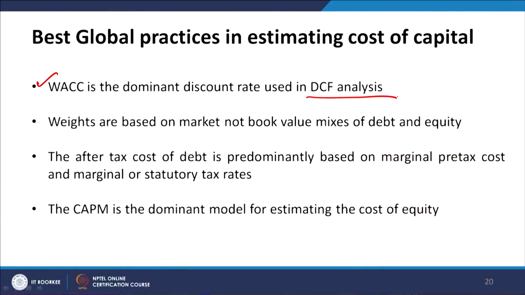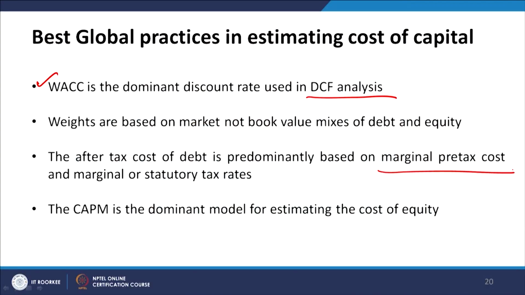Third important point is that the after tax cost of debt is predominantly based on the marginal pre-tax cost and marginal or statutory tax rates. First we have the marginal pre-tax cost, which is the cost we pay to the banks. For example, if the cost of debt is 12%, we pay the bank 12%, and the financial cost we show in the profit and loss account as interest cost will be 12%, not minus tax.